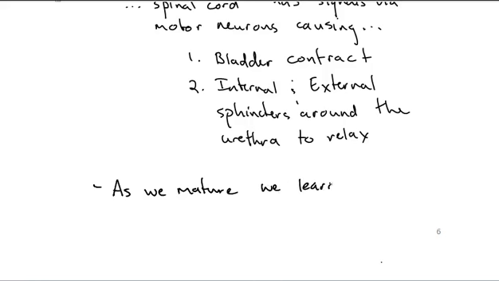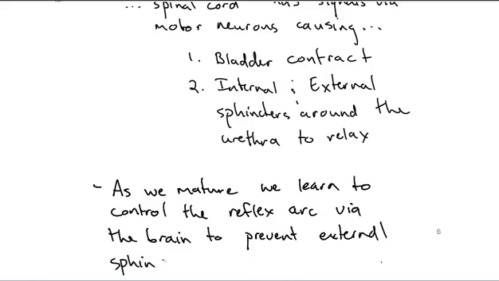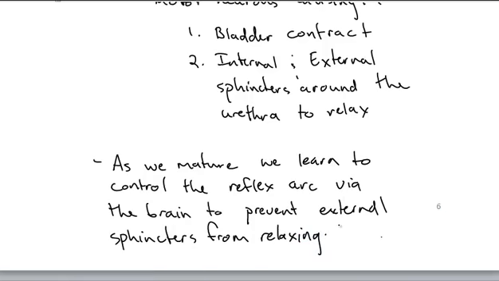We learn to control the reflex arc via the brain to prevent external sphincters from relaxing, so that we can delay urination until a suitable time.